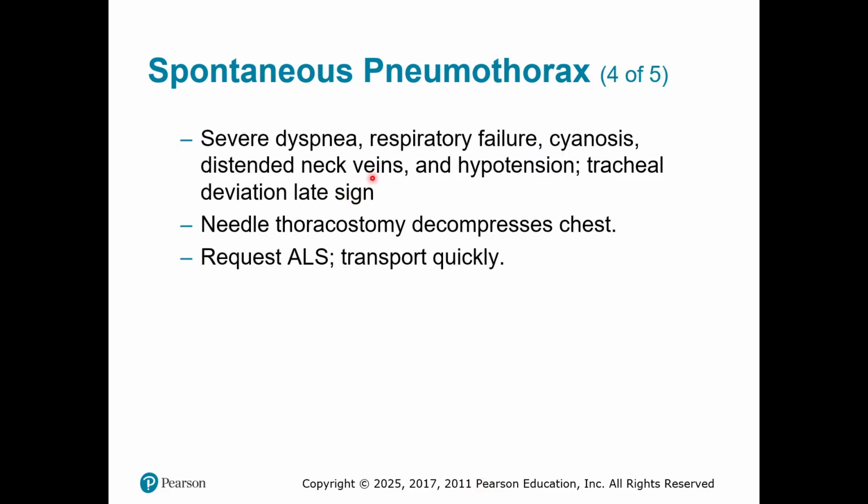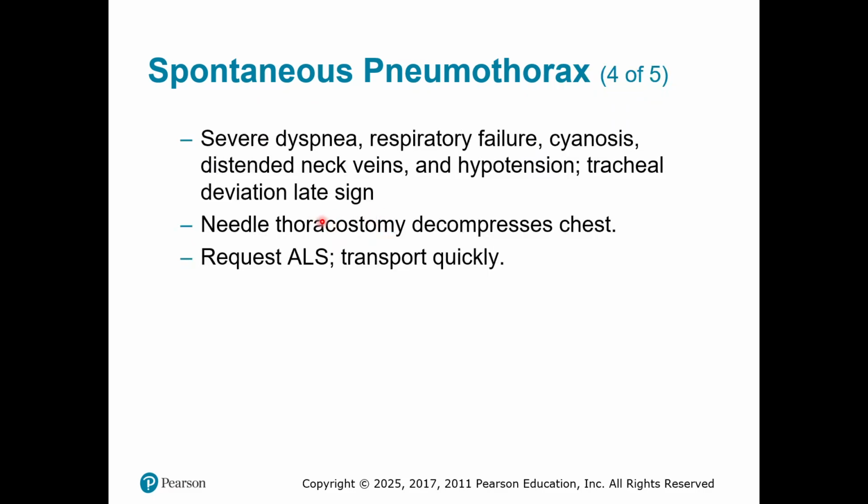Severe distress can lead to respiratory failure. It can lead to profound shock. If that lung collapses and it lands over the heart, it can reduce cardiac output, and that can lead to some serious shock. You'll sometimes have distended neck veins. Again, hypotension, and what I just mentioned.